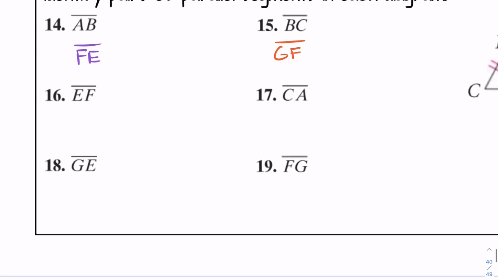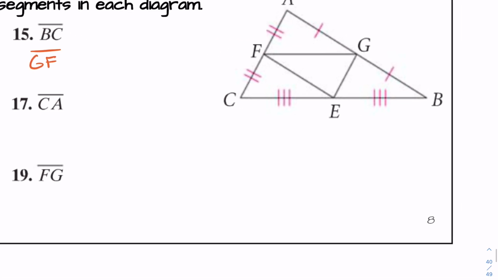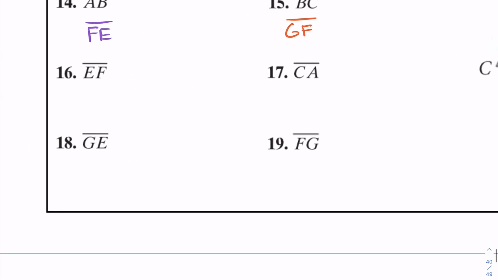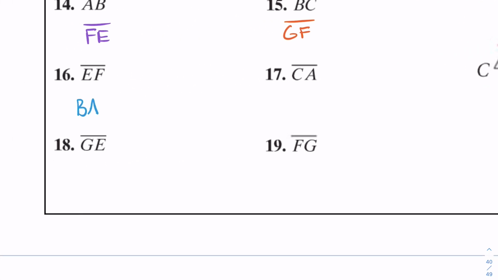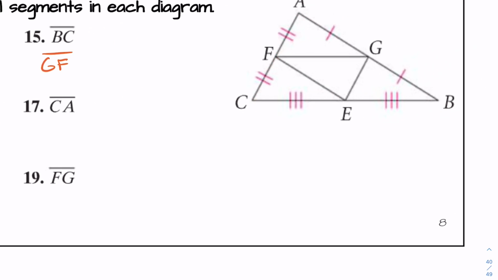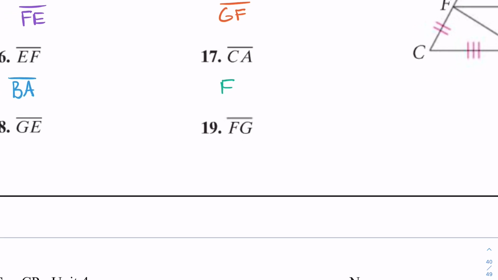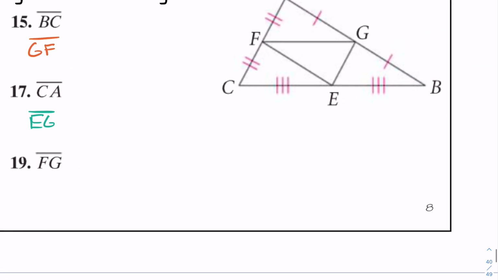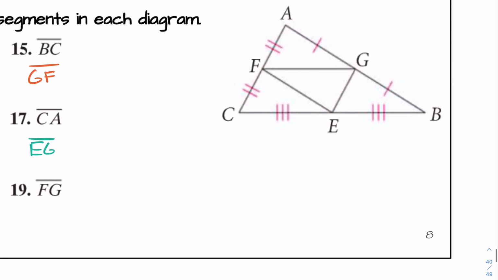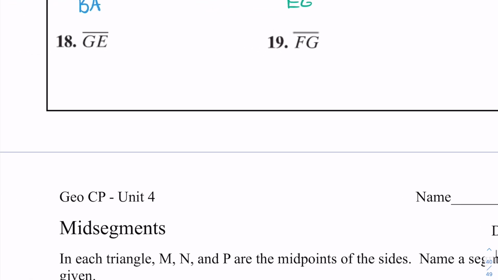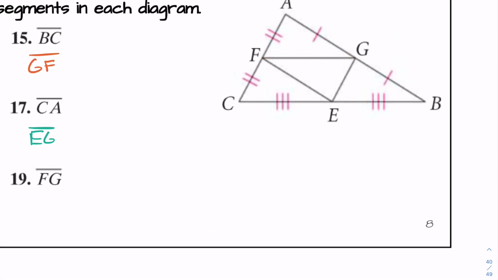Okay, let's see. EF. So here's EF. So BA. All right, CA. So CA is going to be EG. And then GE is going to be AC. And lastly, FG is going to be CB.